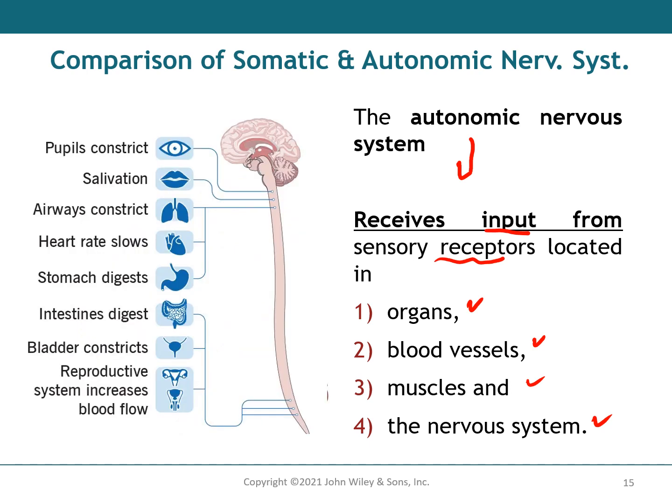For example, the motor response will include changes in the pupil that have involuntary control, salivation, changes in heart rate, and changes in blood flow, and there are many other examples. So as you can see, although the somatic and the autonomic systems both use sensory and motor neurons, the sensory reception comes from different regions, and the motor response also goes to different regions of the body.